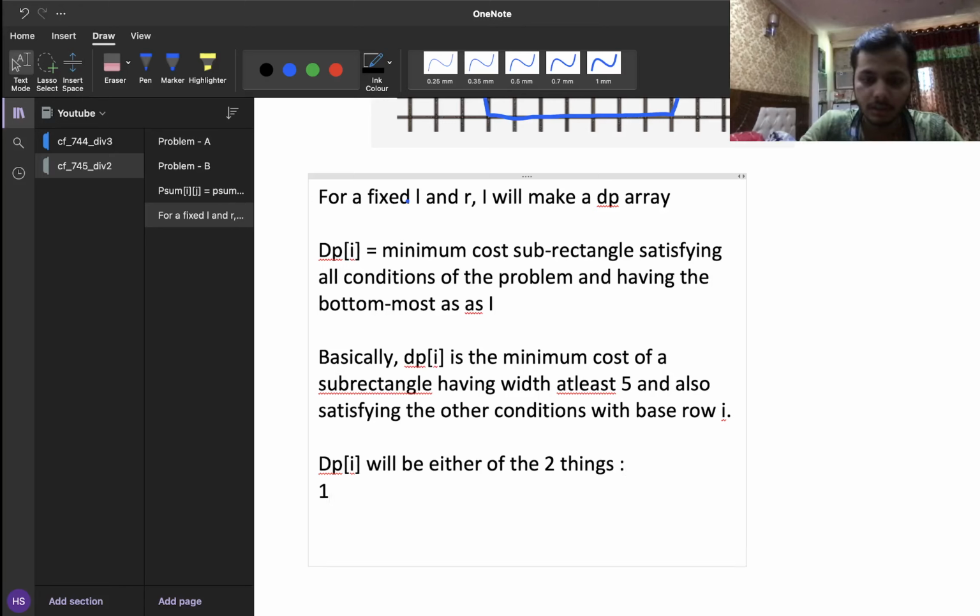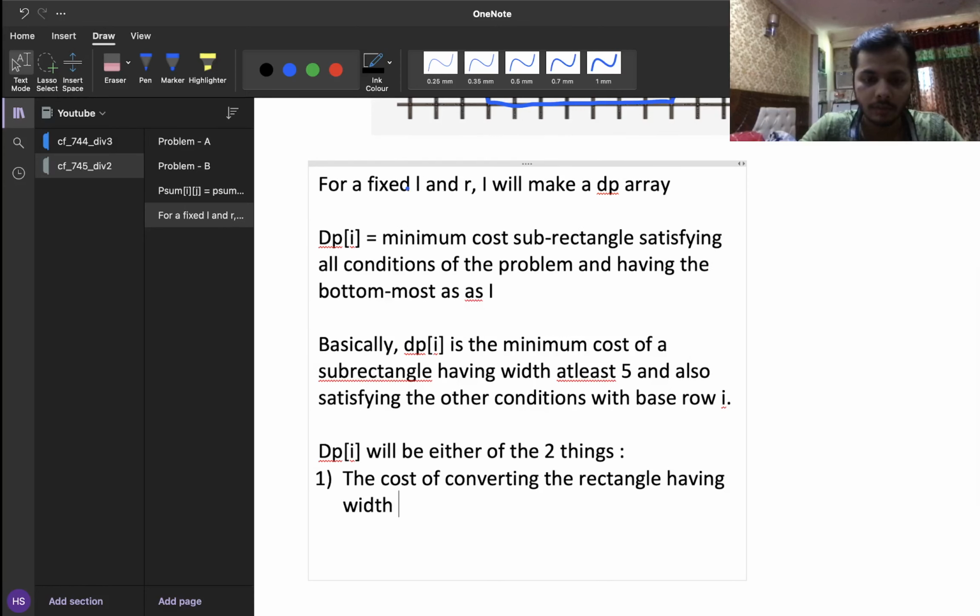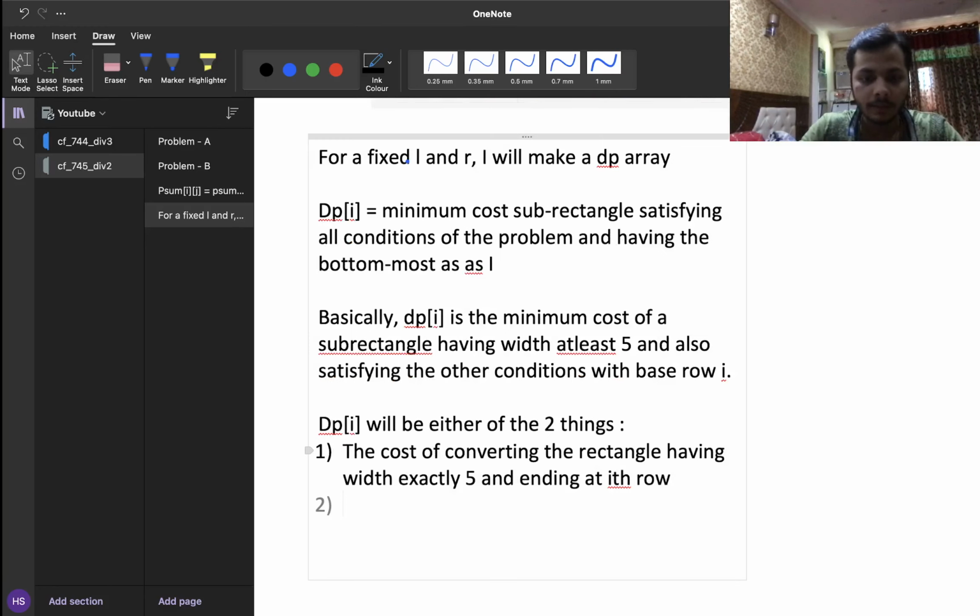So the first is the cost of converting the rectangle having width exactly 5 and ending at ith row, and the cost, so it will be minimum of the two things, not either.